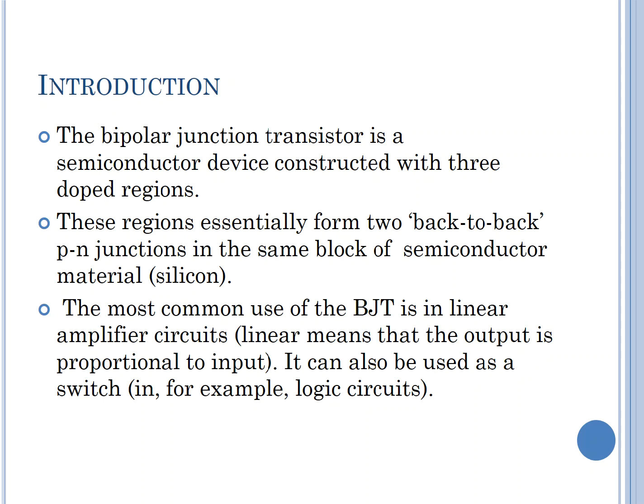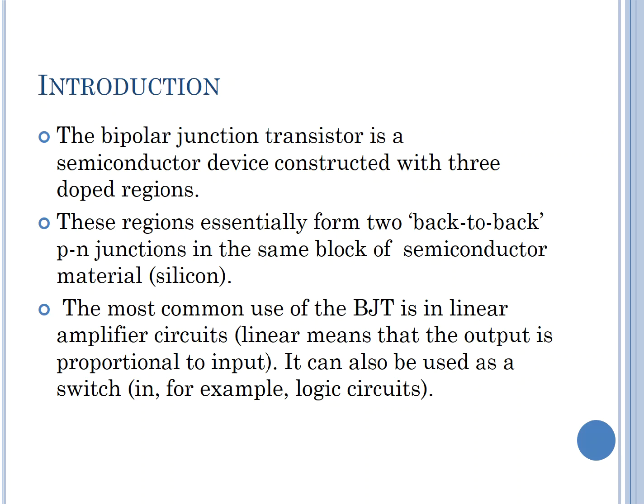The other type of transistor is the unipolar transistor, in which only one type of polarity flows. In the bipolar junction transistor, we see that electrons and holes both flow. It consists of three doped regions, and we can also define it as two back-to-back PN junctions.